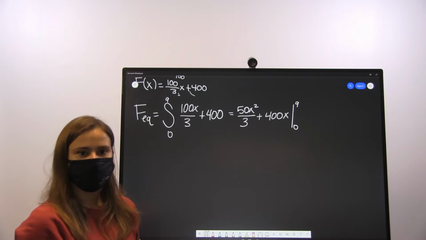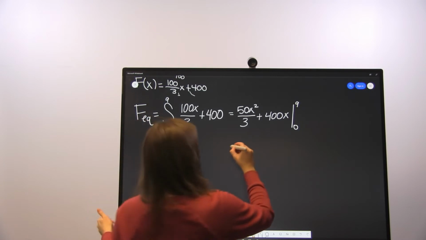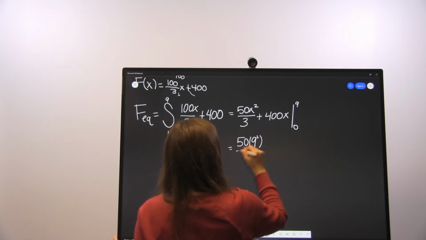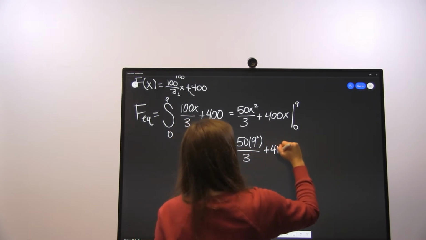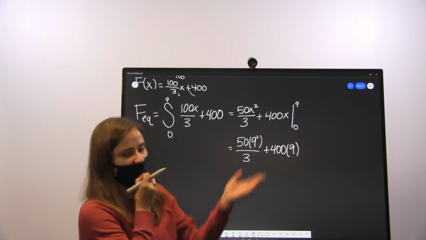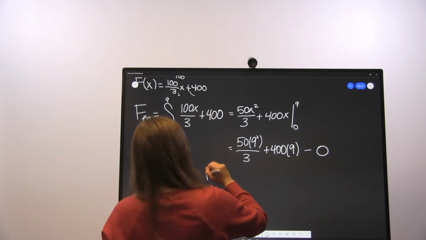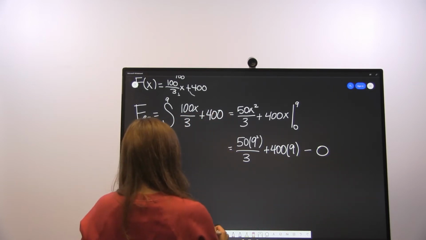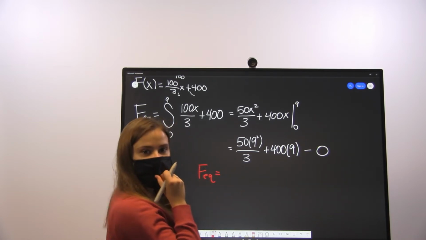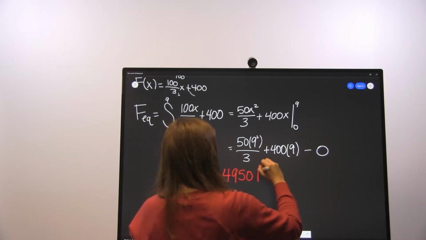So what we do there is plug in our 0 and 9: 50 times 9 squared over 3 plus 400 times 9. If we plug in zeros, we just get 0, so it's just minus 0. And then we find that our equivalent force is 4,950 pounds.